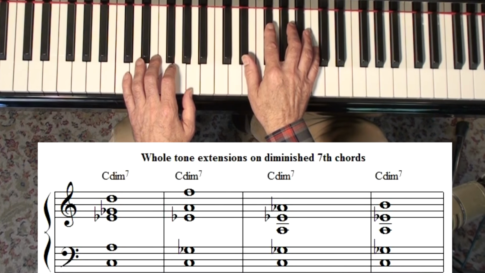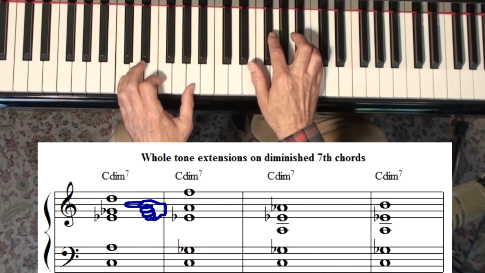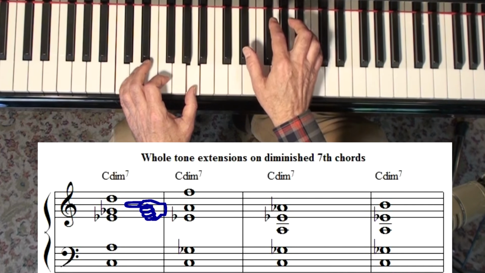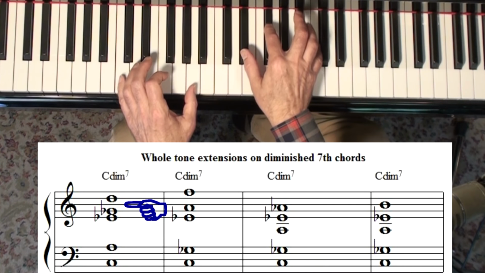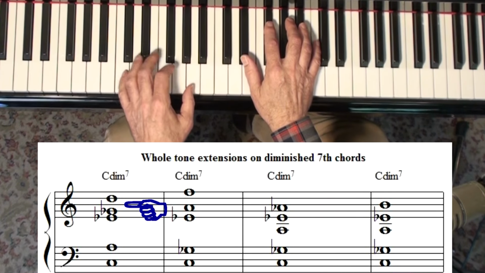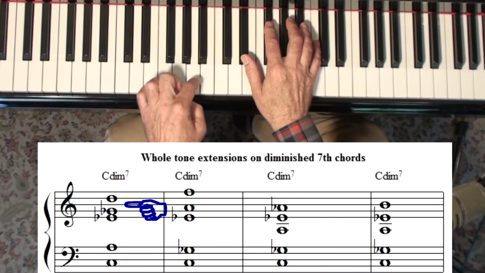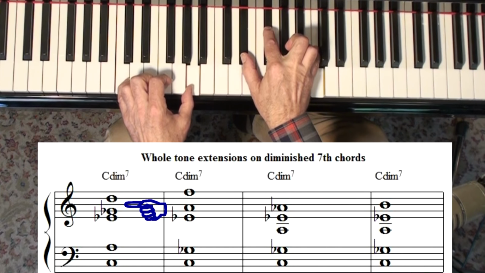Like, for instance, if it's the root, this would be C diminished, and the formula is 1, 7, 3, 5, and root. Okay, or if it's a 6 chord, you can say it's a 6, but actually in a diminished chord, that's a 7th. It's a double flatted 7th. So that's the formula for having the root on top.